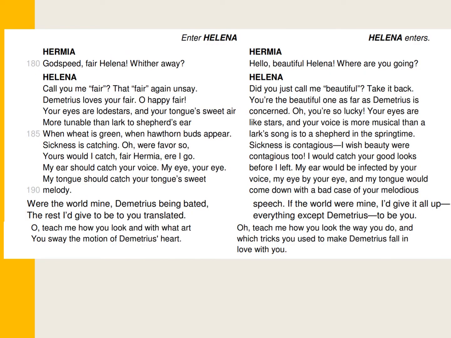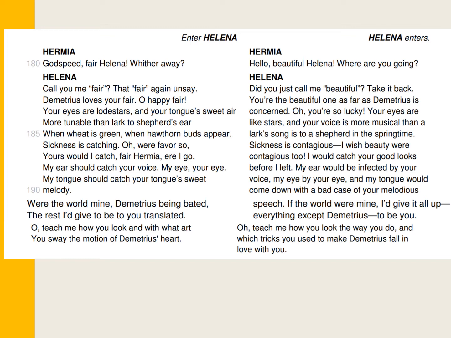Hermia. Godspeed, fair Helena. Whither away? Call you me fair? That fair again unsay? Demetrius loves your fair. Oh, happy fair! Your eyes are lodestars, and your tongue sweet air, more tunable than lark to shepherd's ear, when wheat is green, when hawthorn's buds appear, sickness is catching.